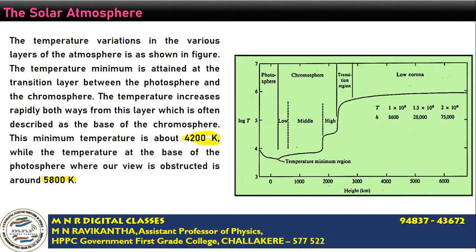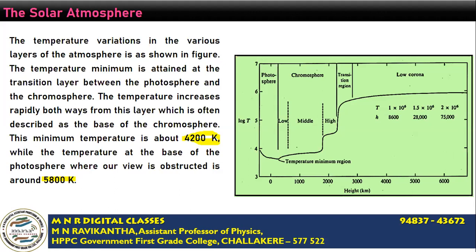This minimum temperature region is called the transition region between photosphere and chromosphere. As we move away from this, the temperature gradually increases to about 8000 Kelvin.